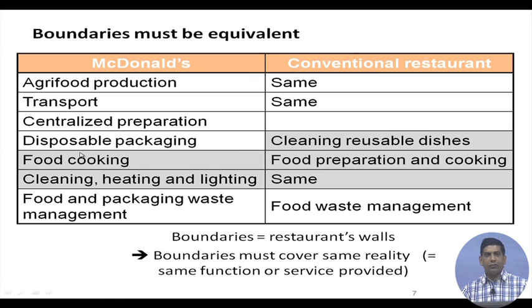There is some centralized cooking done. Then we also need to think about the packaging that is coming out from there. So we can take a function of serving the food, and a functional unit of, say, 30 hamburgers or whatever is the most common food they sell, and compare between the two.